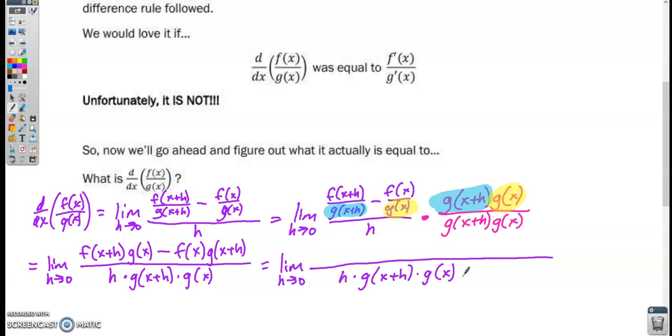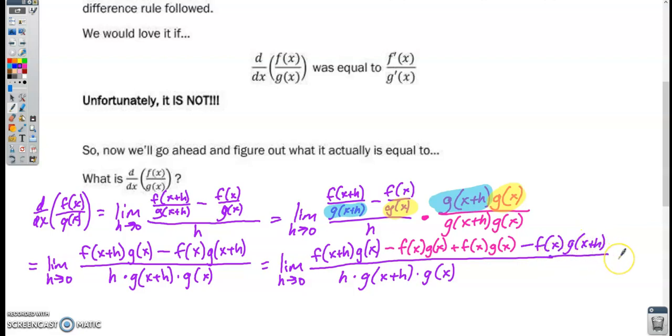In this case, that's going to enable us to add in negative f of x g of x and positive f of x g of x. So there we go. We've added 0 into the numerator, and that is going to do some nice things for us down the road. Okay, so far so good.